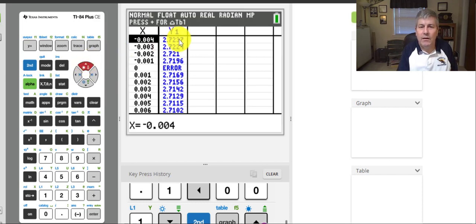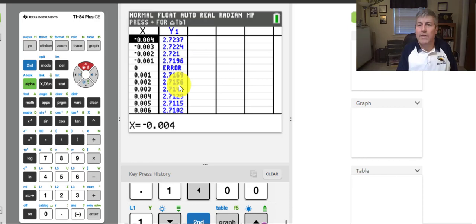As you can see here, it appears that our table, as we get closer and closer to 0 from the left or the right, is closing in on something between 2.7196 and 2.7169. We've got some pretty good values here. Now, since we have a really good estimation, let's find the average between those two.